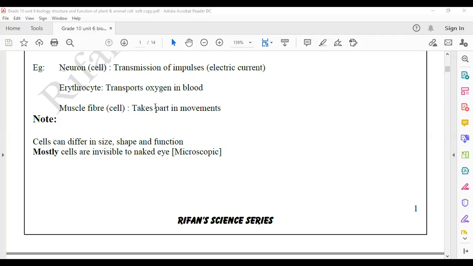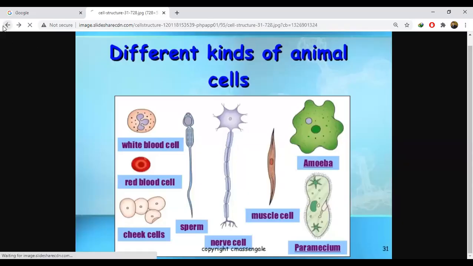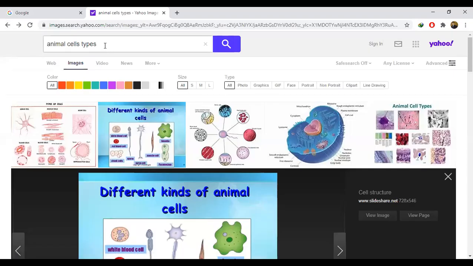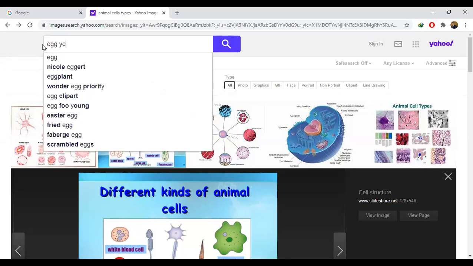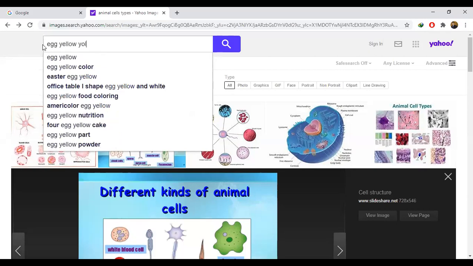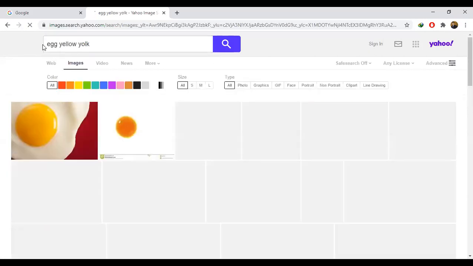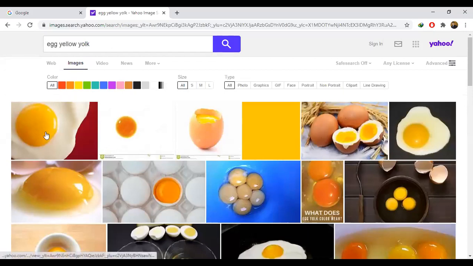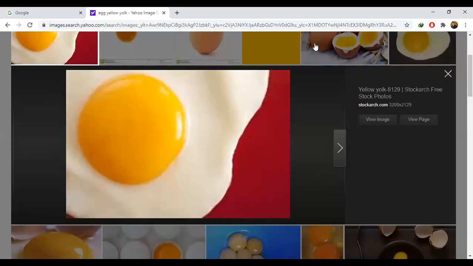Remember, the next point you are given: most of the cells are invisible to the naked eye. I will show you one cell, but if I only tell you, you will understand, oh my God, this is one cell. Yes, that is egg, yellow yolk, what we have in the omelette.